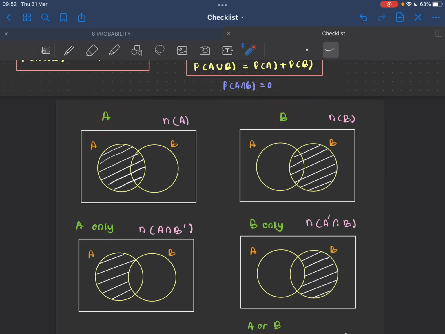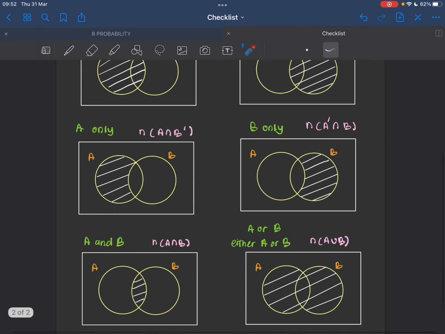For a Venn diagram, if the question said find the probability of A, it is all this one here, including the intersection. The same thing if the question said find the probability of B, this one is included as your number of B. But if the question said find the probability of A only, then only this part without the intersection.